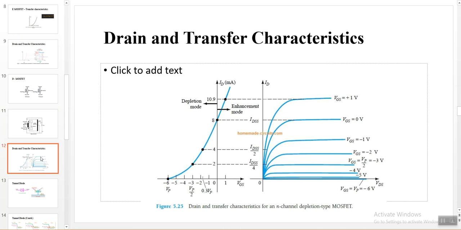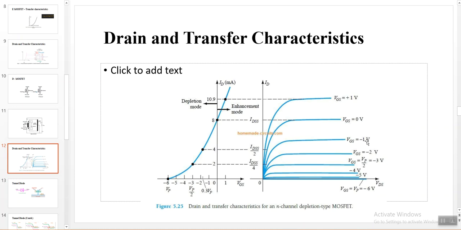So if you can see this diagram, drain and transfer characteristics, the right one is drain characteristics and the left one is transfer characteristics. If you can see here, for 0 volt it goes to a point and then becomes constant, and again when it is -1 volt, the same pattern occurs, but the current magnitude is reduced. If you can see, drain current is reduced for -1 volt.